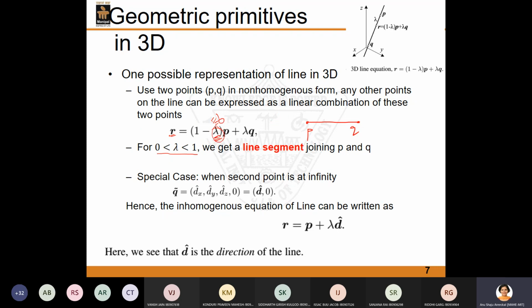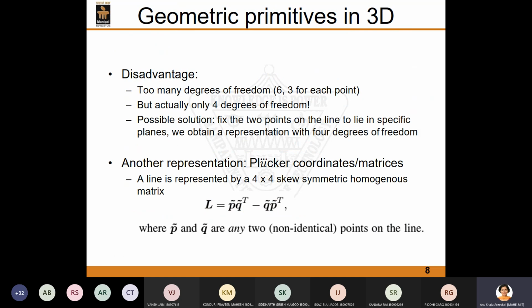A more convenient form that we usually use is known as the Plucker coordinates, or the Plucker matrices. It is represented as L = PQ^T - QP^T.